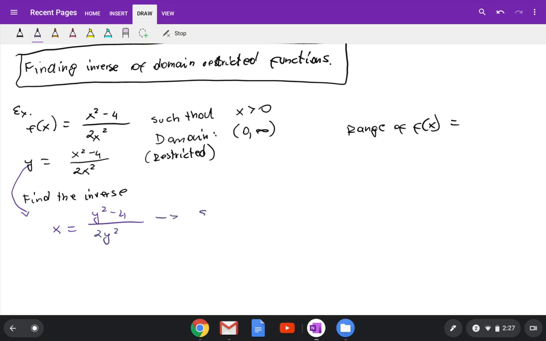Now we're going to solve for y. Okay, so x equals (y squared minus 4) over 2y squared. To solve for y, multiply all by 2y squared.